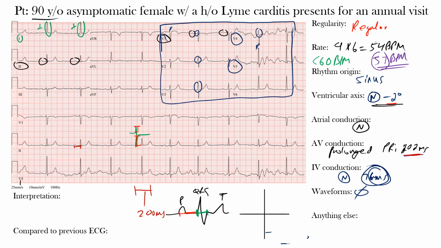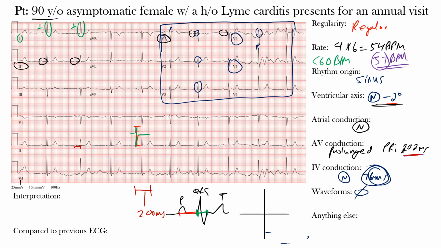Here's V4 and V5, okay? And the transitional zone is simply the precordial lead where the QRS transitions from being mostly negative to mostly positive, with the actual transition area being where the QRS complex is isoelectric. Normally, the transition occurs between leads V3 and V4. If it occurs earlier than V3, we call this a counterclockwise rotation or early transition.